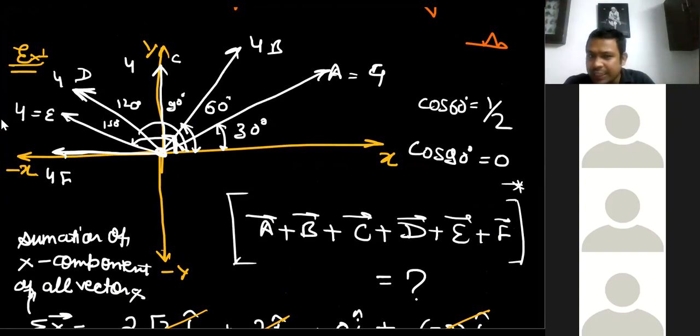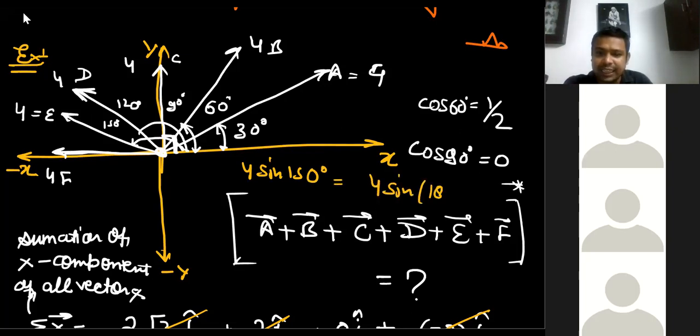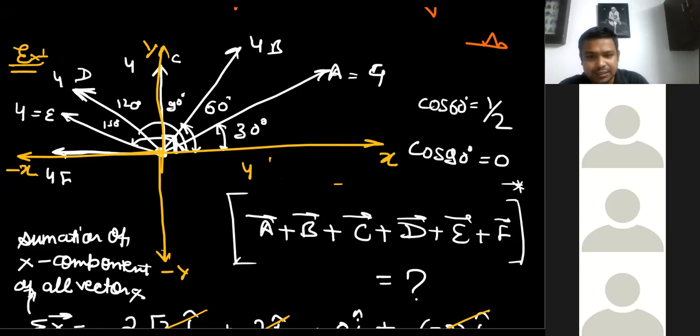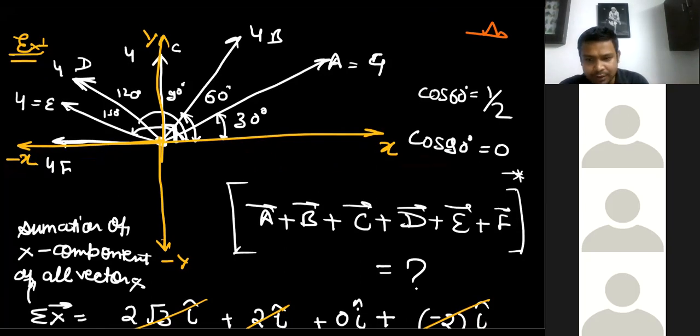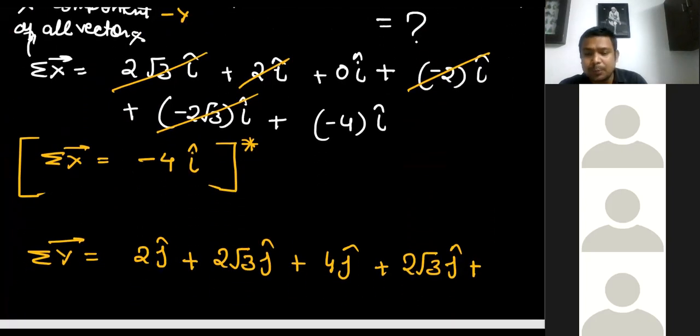4 sine 150 degree is what? 150 degree, how can we write it? 4 sine of 180 minus 30. So sine 30 is 1 by 2. You will have to study some trigonometry, ASTC and so on. If you feel trouble, please see my mathematical tools videos.